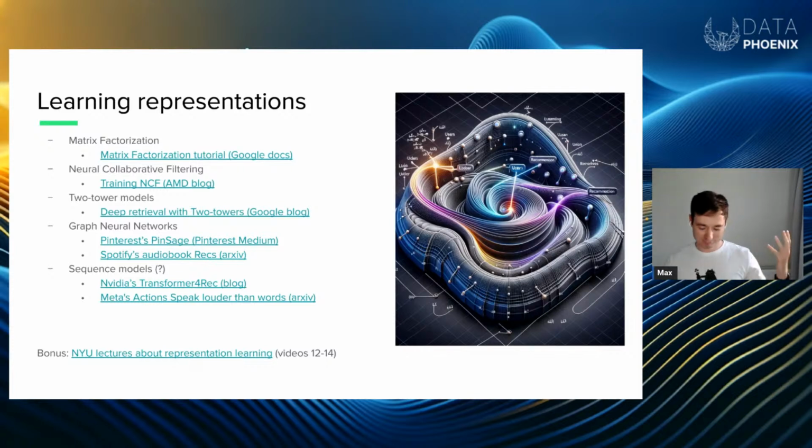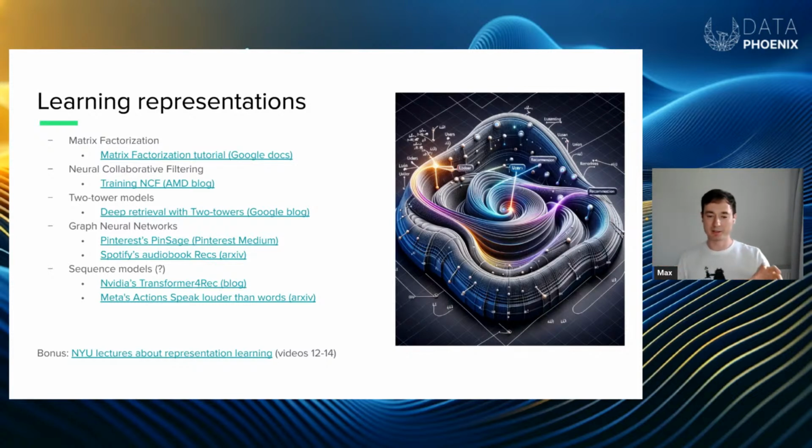But then there is also a new most popular model in town, which is the transformer. I think people started talking about applying transformers to recommendations as early as 2019 or so. From what I've noticed, NVIDIA was quite early in the space with the idea of looking at recommendation as a sequence modeling problem.